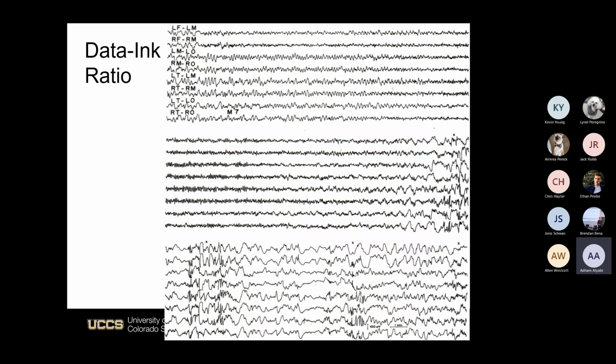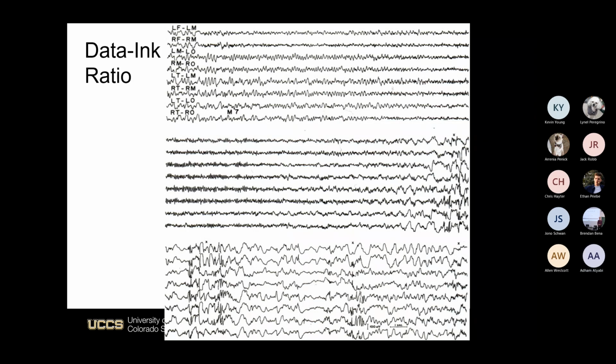RT probably right temporal, RO right occipital. That doesn't make sense. How can a channel be on the right temporal and the right occipital? Anyhow, the levels are a bit weird, but for sure there was a reason.